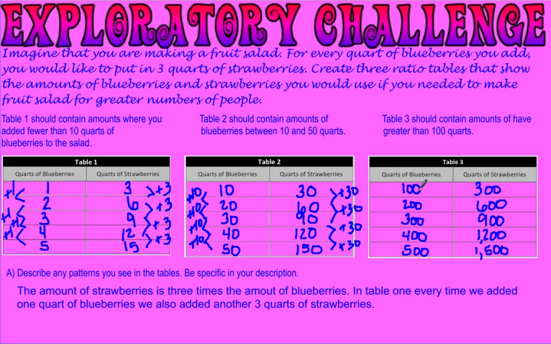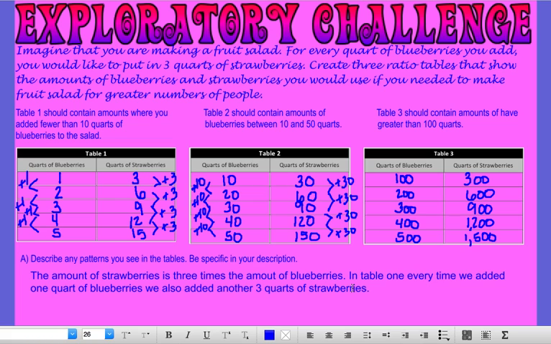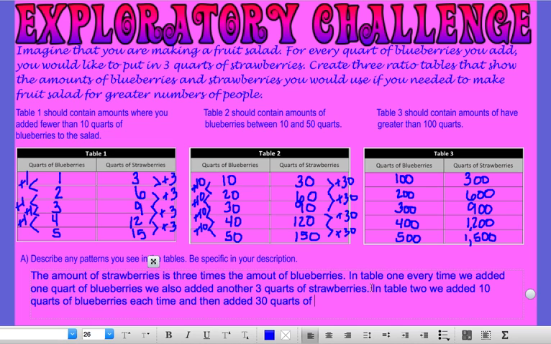So in our descriptions, we can say that in table 2, we added 10 quarts of blueberries each time, and then added 30 quarts of strawberries each time.